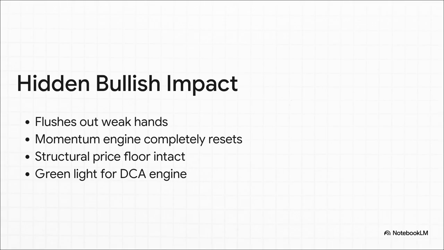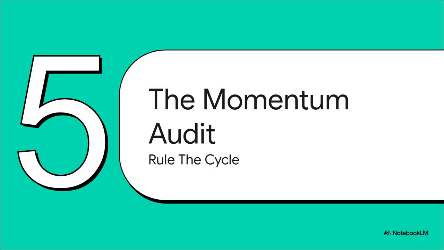The momentum engine gets completely reset, it's primed with fresh fuel, and yet that structural price floor remains totally intact. Emre, for an architect, this is the absolute ultimate green light. This is the precise moment you deploy heavyweight using the DCA engine we talked about back on day 69. It's just maximum efficiency.